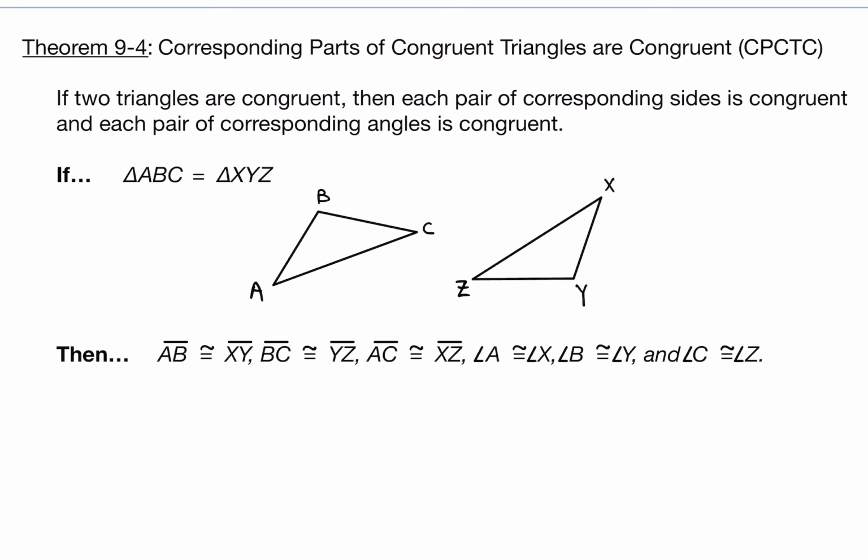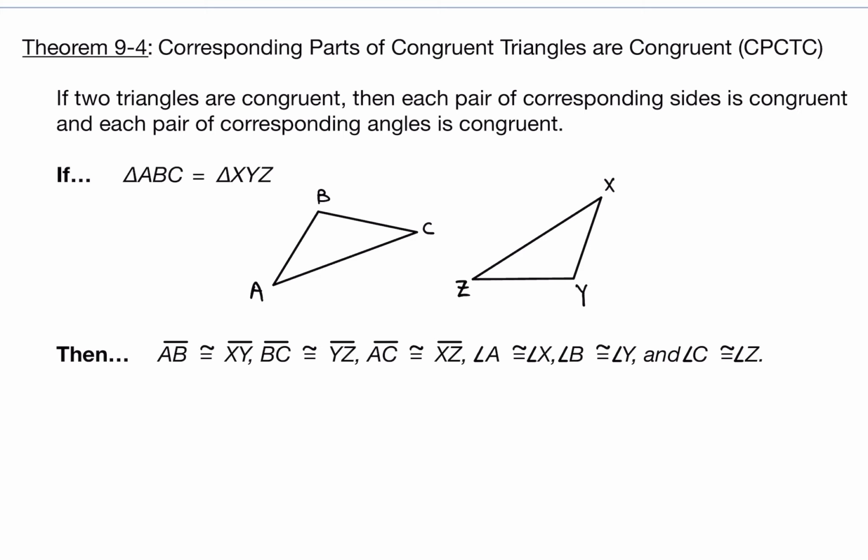Those are the sides, and we've covered all three. Now we're going to shift gears towards angles. Here it says angle A is congruent to angle X. Angle A is the first letter of the first triangle, and angle X is the first letter of the second triangle, and they are congruent.